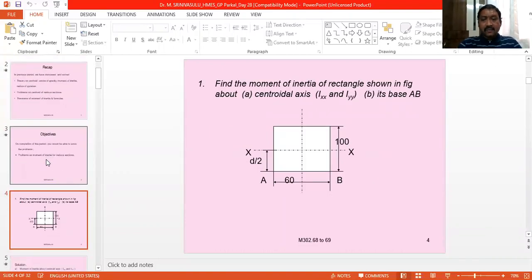Now, this is the first problem. Take down this problem.